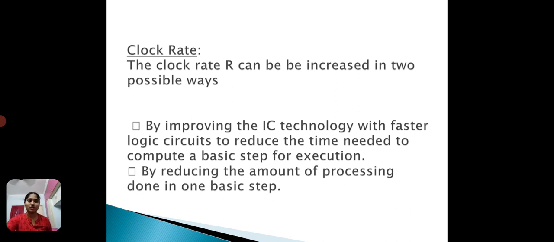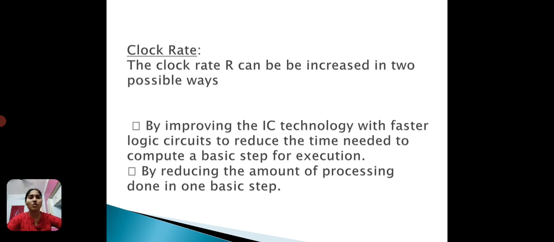So these are the two ways in which we increase the clock rate: improving the IC technology by including faster logic circuits to reduce the time needed to compute a basic step, and reducing the amount of processing done for each basic step. By reducing the amount of processing, we can easily increase the clock rate.